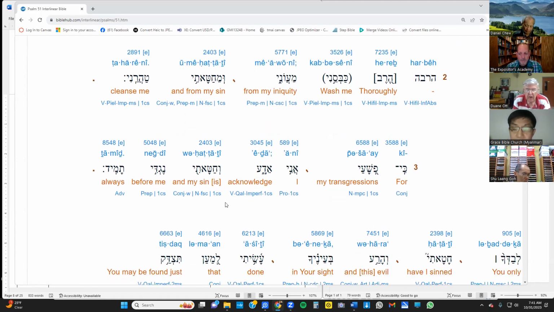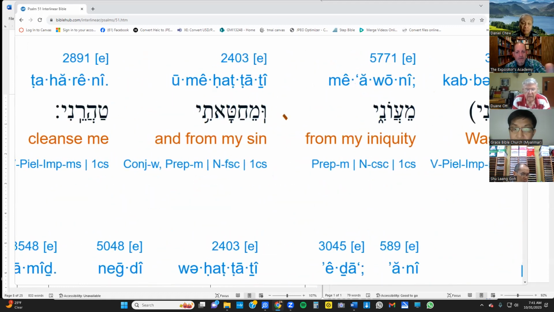Yeah, a lot of times the translation doesn't throw the articles in either, and articles are really important. Yeah, that's true. And also sometimes, remember we looked at this wow or vav at the beginning of the word. Sometimes they don't catch those either, or they'll put one in when it's not there.